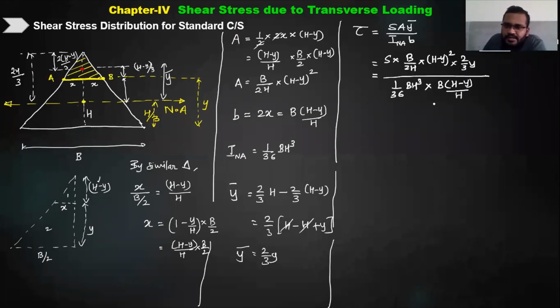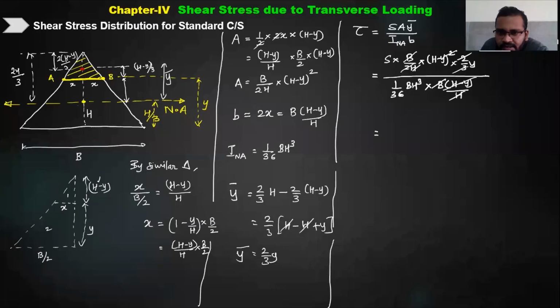Now see how many things we can cancel out and what is going to be left. We need to cancel carefully so that we do not miss something. Here this b and this b get cancelled, this h gets cancelled, 2 and 2 get cancelled, (h minus y) square and (h minus y) get cancelled.